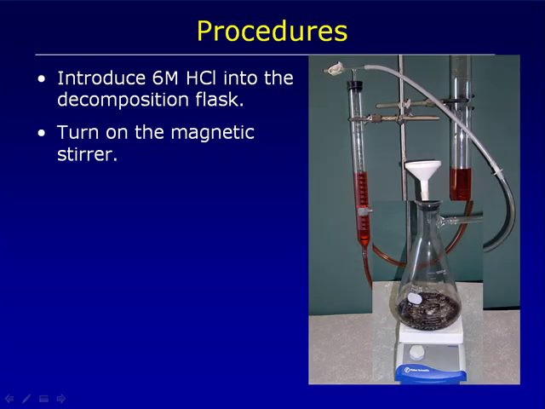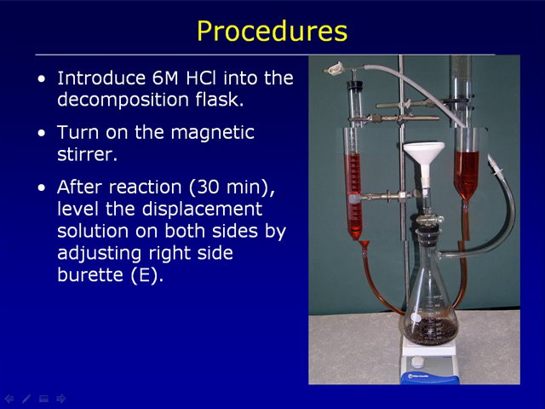Turn on the magnetic stirrer, and after the reaction is complete, around 30 minutes, level the displacement solution on both sides by adjusting the right side burette, and read off from the left side burette the amount of evolved gas.